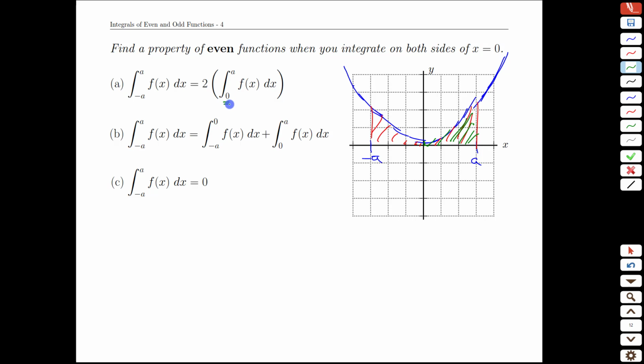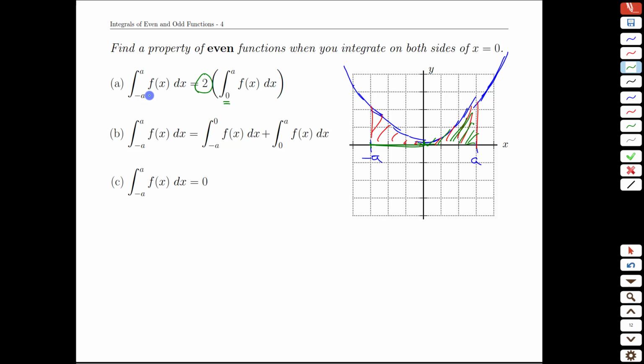So if we look at this integral here, which is starting at 0 and going out to a, that will give us half of the integral value. And if we want the negative a up to 0 part as well, we can just take 2 copies of that first integral value.